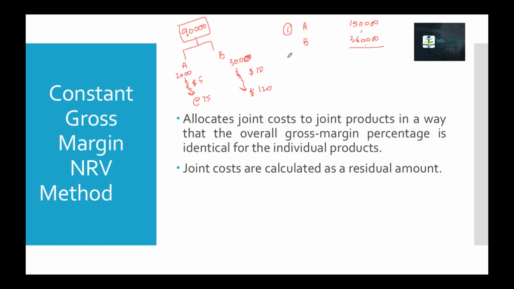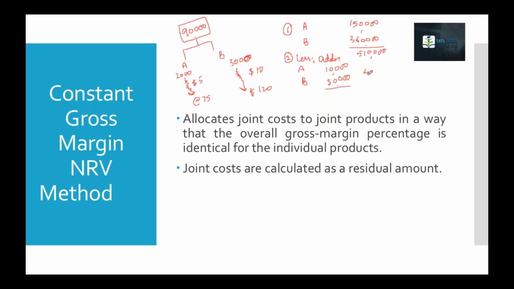Second point, less separable costs, meaning additional costs. How much is that? A, 2000 times 5, that is $10,000. Total sales are 510,000, minus we should deduct 10,000 of A, and B, $10 into 3,000, 30,000.